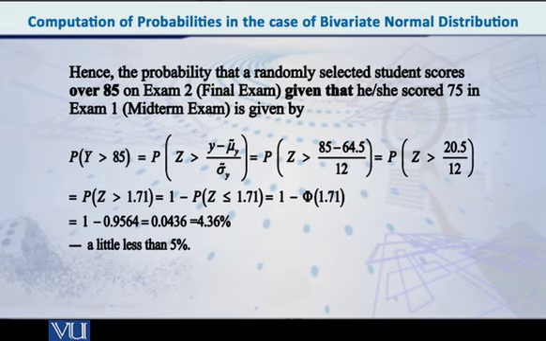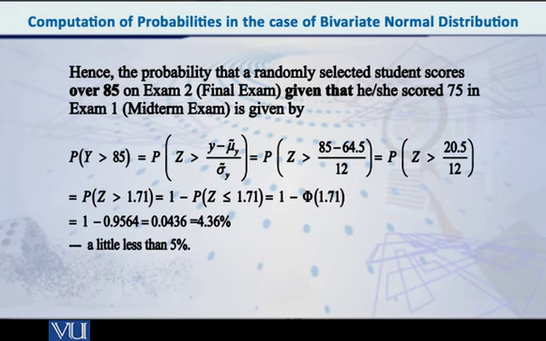तो अब इसको सॉल्व करें तो क्या नंबर हमें मिलता है? 85 minus 64.5 over 12, it is equal to 1.71. So probability of z being greater than 1.71 is the same as 1 minus the probability of z being less than or equal to 1.71. So this can also be written as 1 minus capital phi of 1.71.